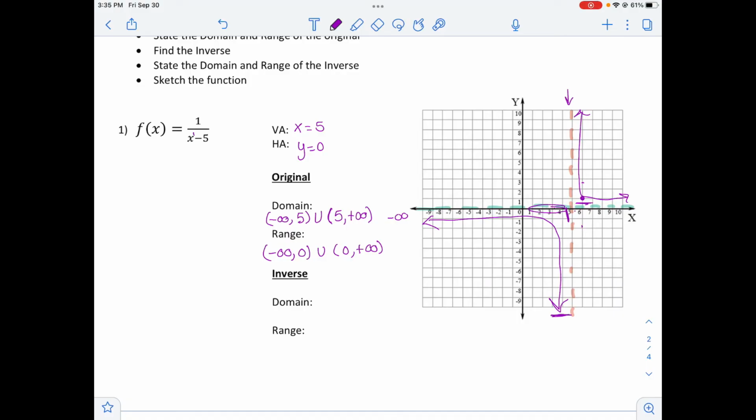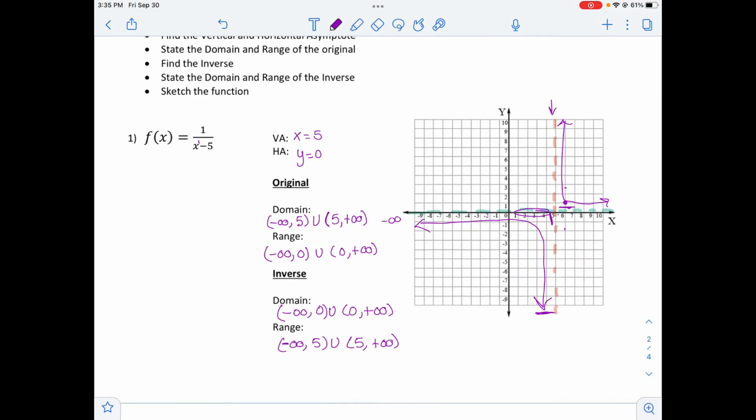So that means we know that our domain in our original is now our range in our inverse, and vice versa. So we know that our domain for our inverse is going to be -infinity to 0, union, 0 to positive infinity. And then our range for our inverse will be our domain from the original. So it's -infinity to 5, and union with 5 to positive infinity.